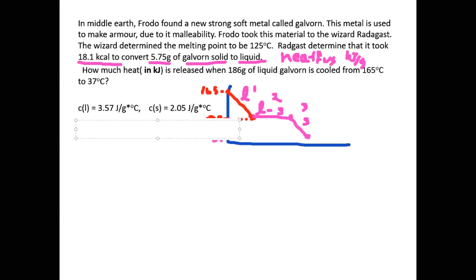So the way we do that is 18.1 kilocalories times 4.184 kilojoules in 1 kilocalorie.